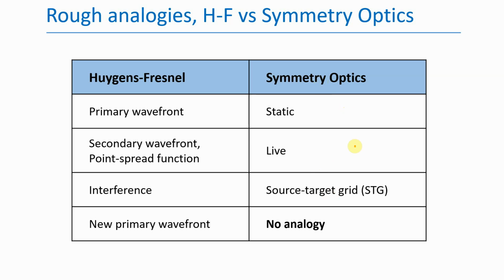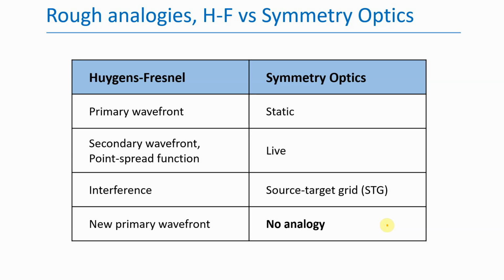The live is like the secondary wavefront because it's one common pattern that is emitted by each source. The source target grid is somewhat similar to interference because it's how we combine all of the different instances of live. And there is no analogy to the new primary wavefront. When you find the distribution in some plane, you can't use it as the starting point for a new cycle of calculations the way you can with Huygens-Fresnel.